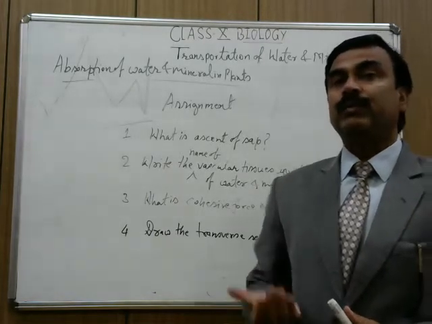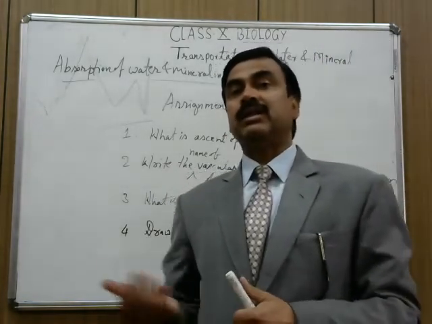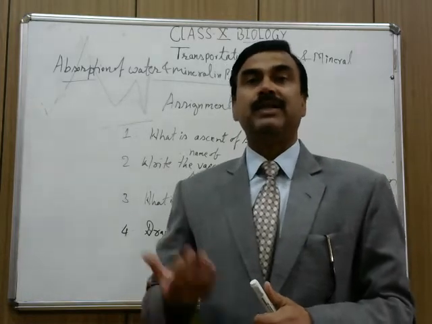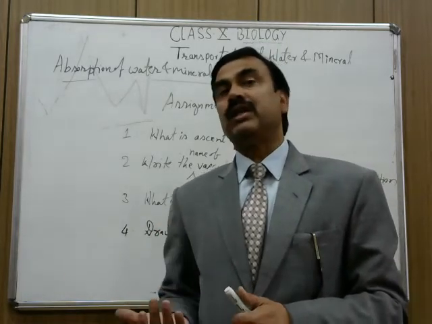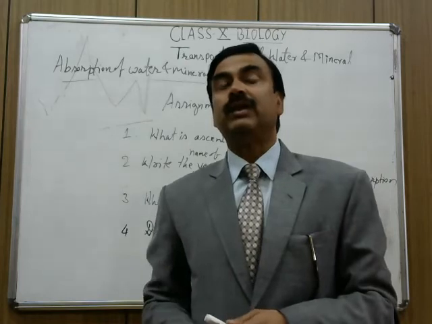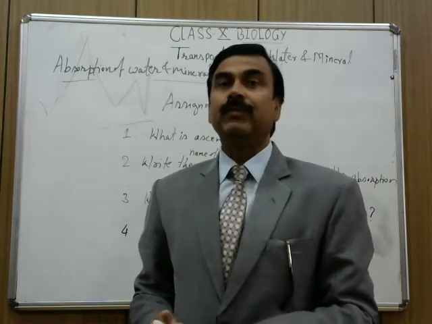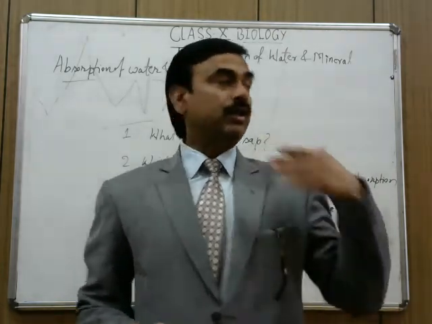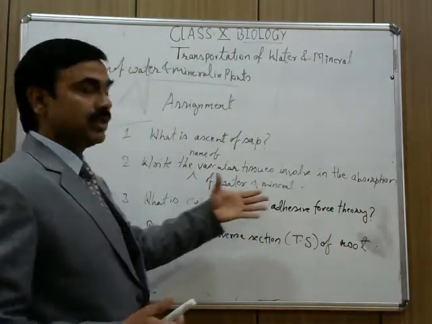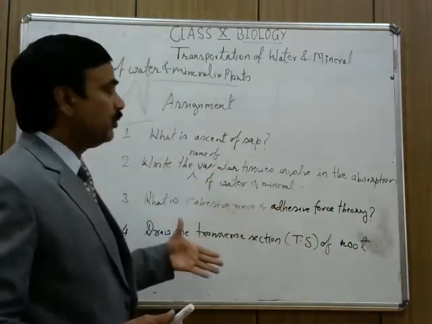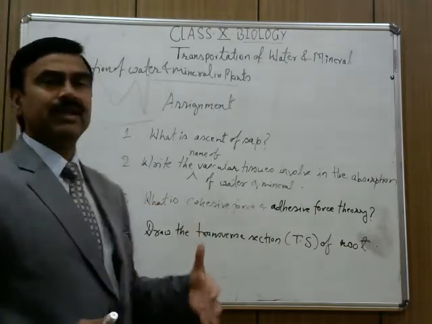You have to prove how this water movement takes place in the plants, which tissues are involved and which theories are involved in this mechanism. You also have to draw these two structures, transverse section of leaf and transverse section of root, and write these questions.